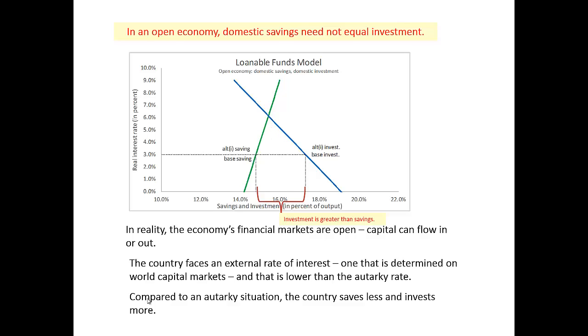Compared to an autarky situation, the country saves less, but it also invests more, and that means that with open capital markets, its investment is going to be greater than savings.